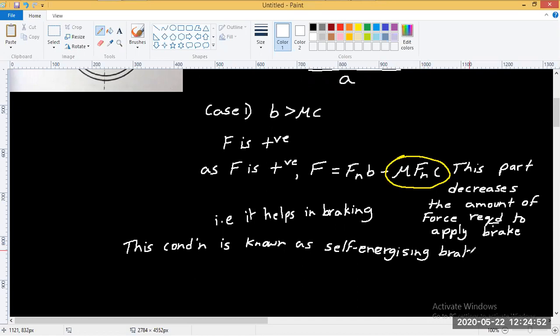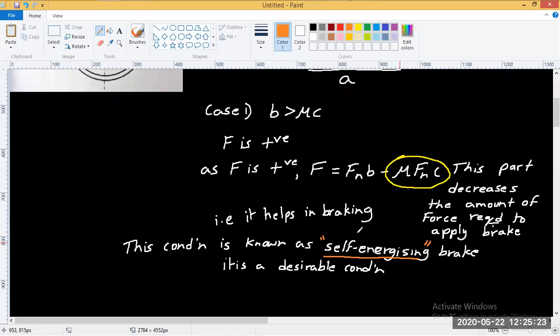Self-energizing brake, and it is very desirable. It is a desirable condition. So this condition is very desirable. Self-energizing. So this may be asked in 1 mark and 2 mark questions also. What is self-energizing?